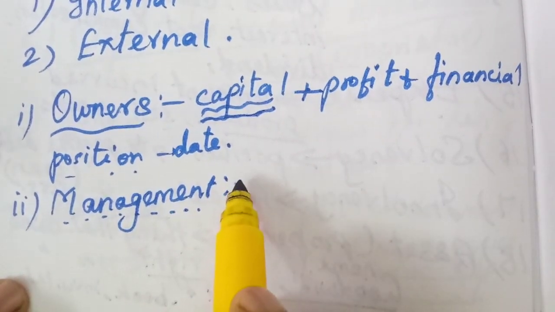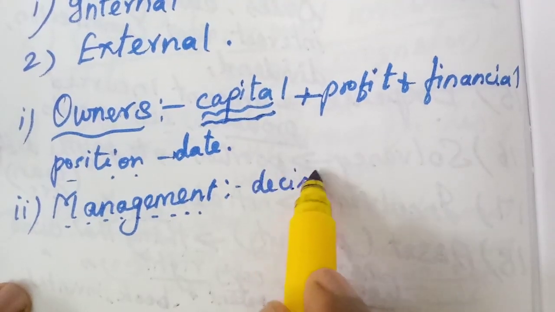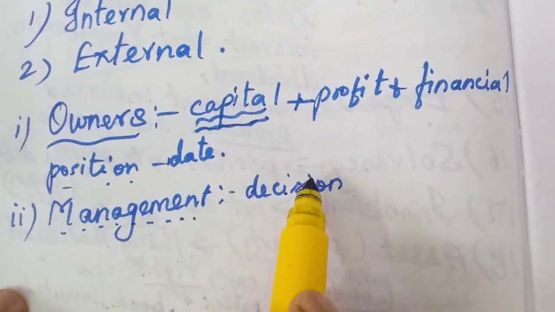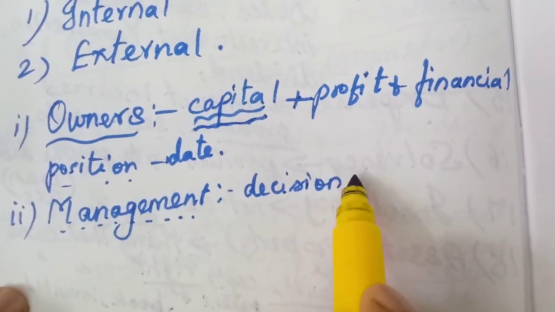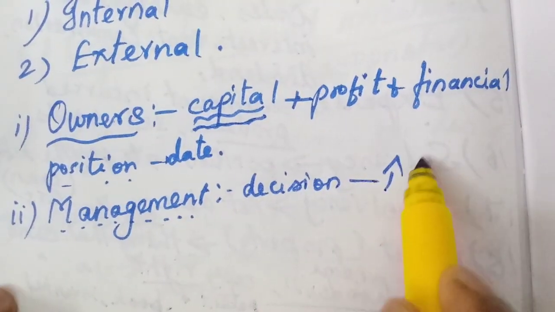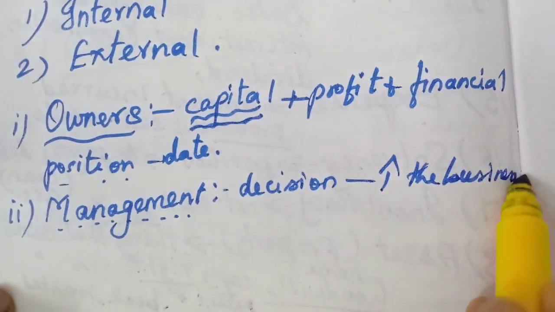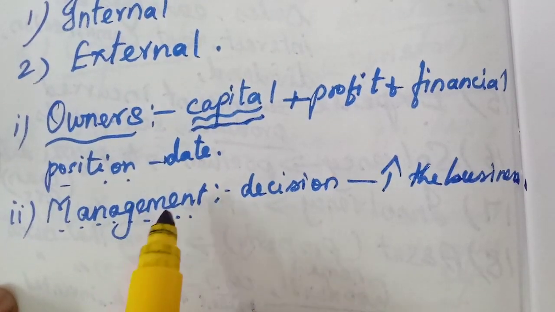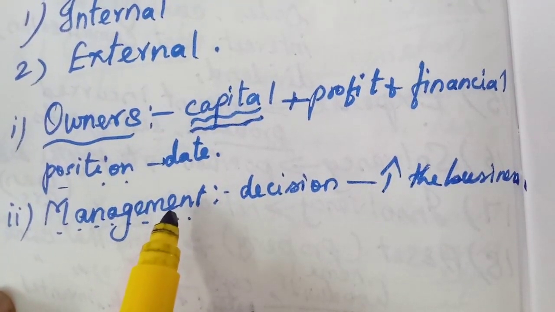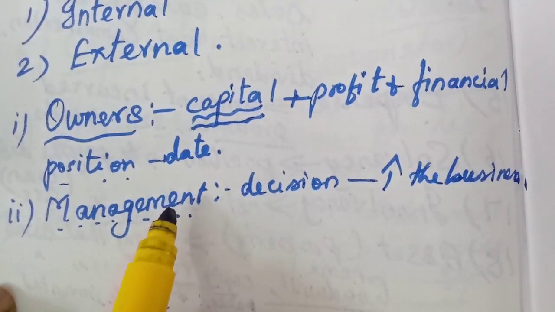Because often they have to take some decisions in the management, how to improve the business. So to take decisions, they need the financial information.